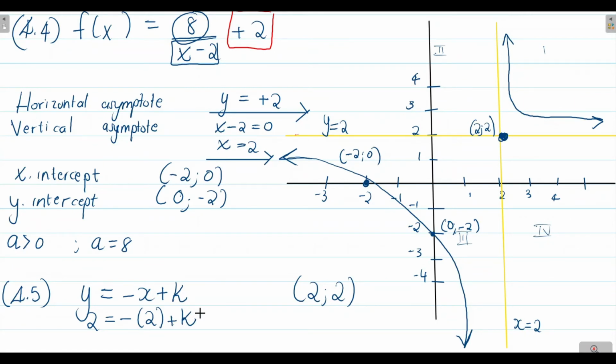From here, guys, you will see that 2 plus 2 is equal to k. So k is equal to 4, okay? So you found that your k is actually equal to 4. Therefore, the equation for our axis of symmetry for this hyperbola is given as negative x plus k, right?